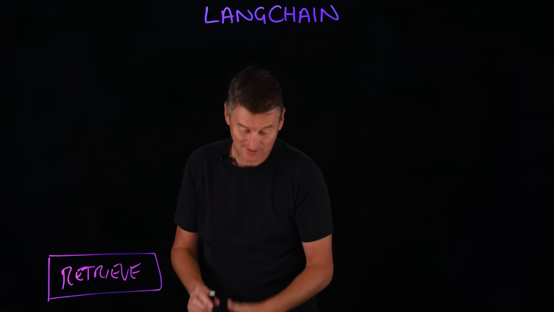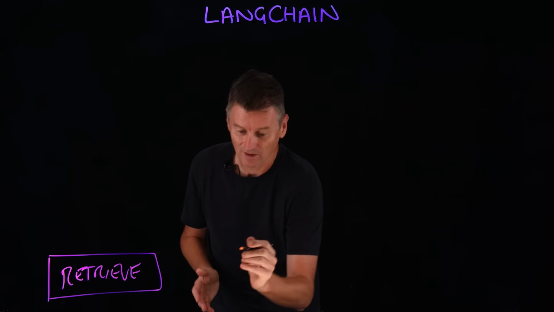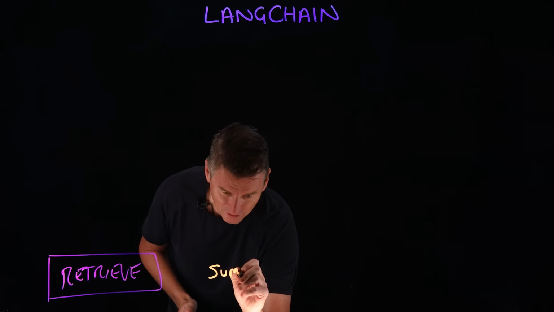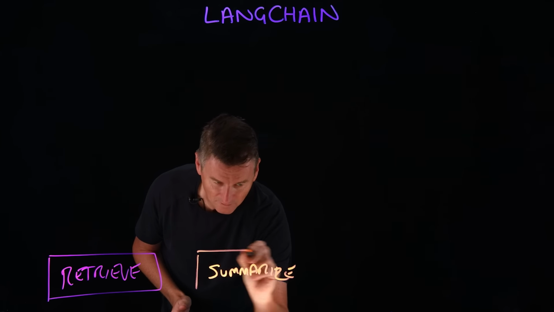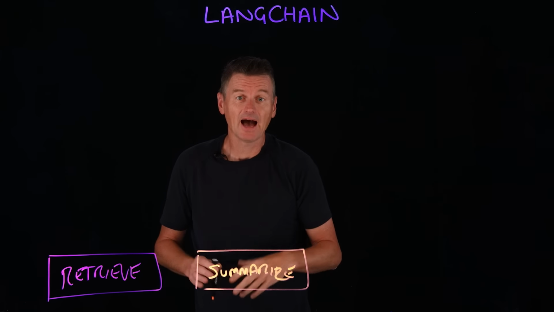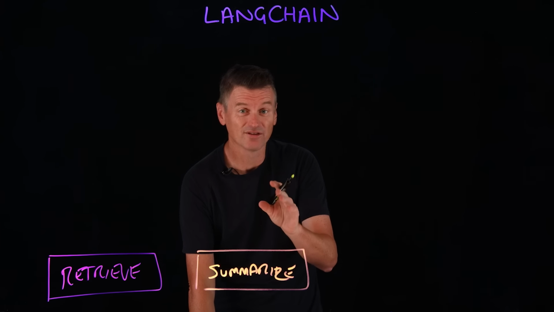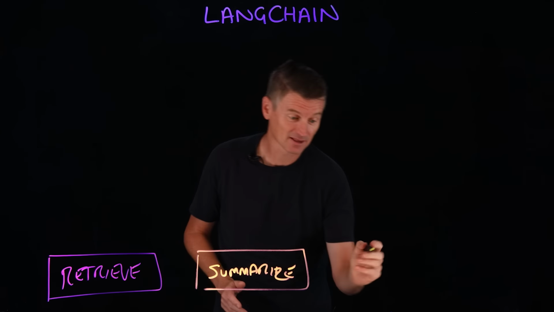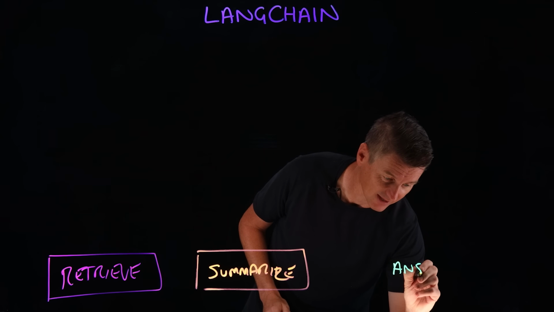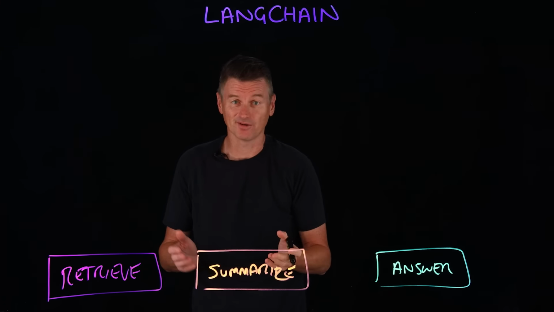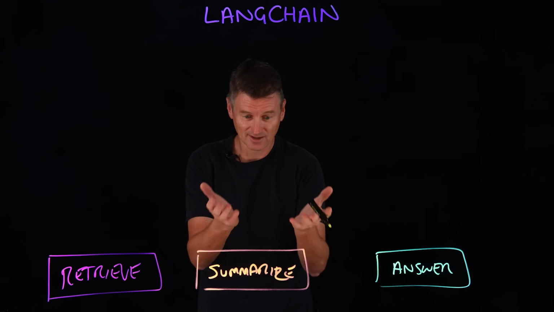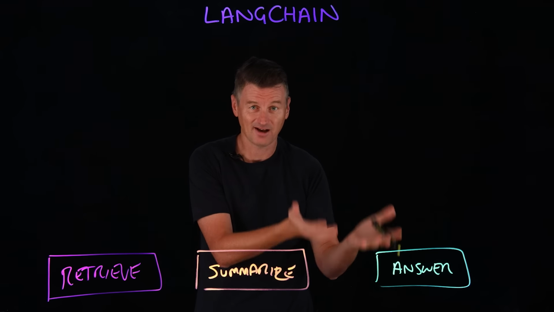Once we've done that, we move on to stage 2, and stage 2 is to summarize that data that we retrieved. And then finally, we're going to use this summary to do something. Specifically, we're going to have it answer user questions. So the workflow here is retrieve, summarize, and answer.